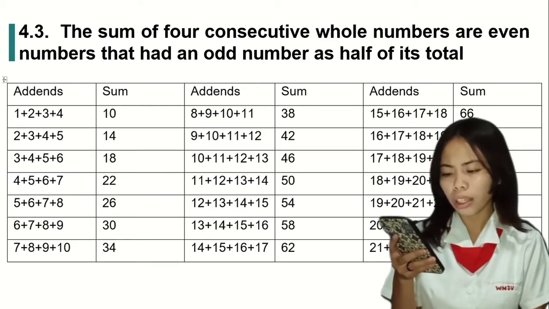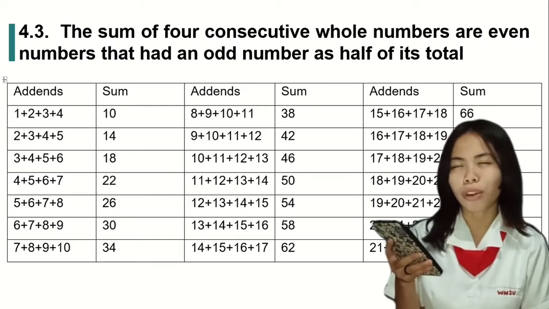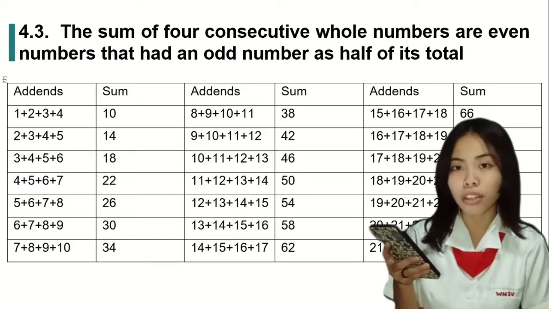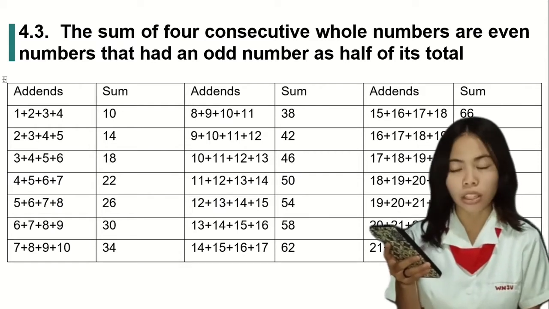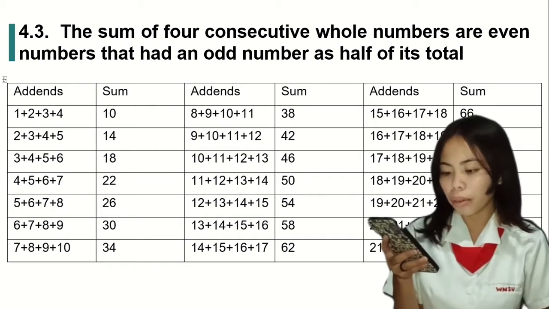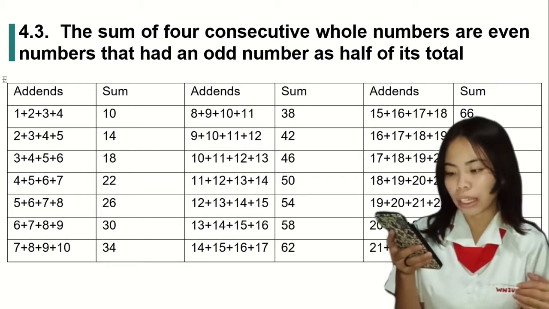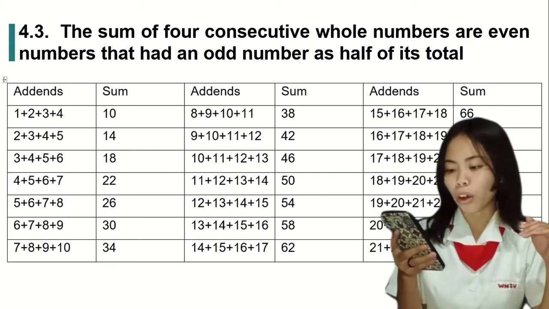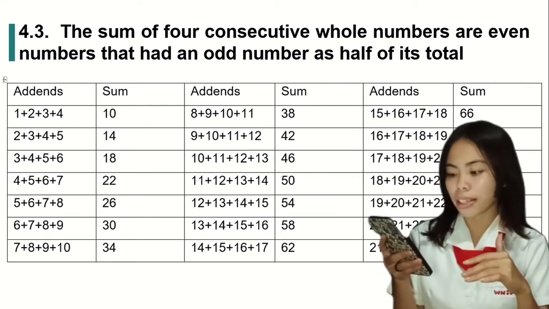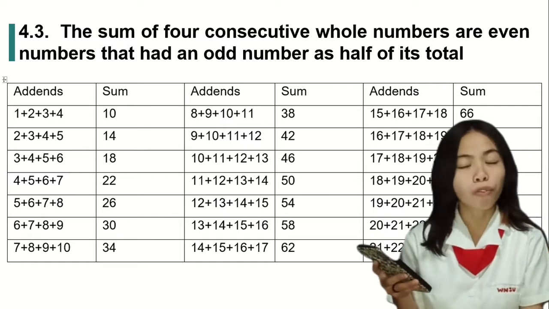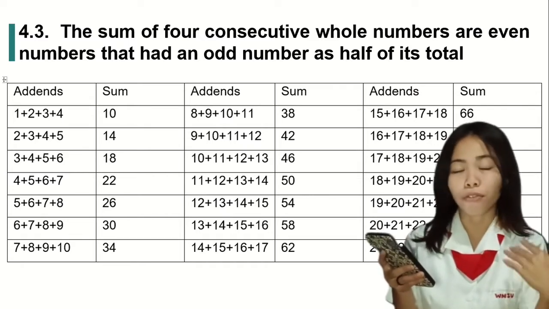So we can conclude that this discovered series of numbers, 10, 14, 18, 22, 26, and so on, may be obtained by adding 4 consecutive integers. For example, the sum of 1, 2, 3, and 4 is 10, and the next sum of adding 4 consecutive numbers is 14.